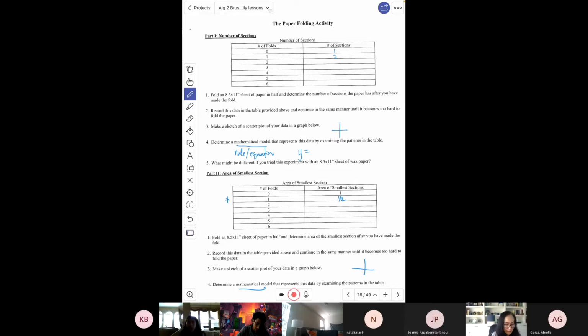Abiella, were you able to get the table of values? Yeah, for the first one. Okay, I'm going to go ahead and give you the first one and we'll see if we're on the right page. So this one should be 4, and then 8, and then 16, and then 32, and then 64. Did we get those table of values?